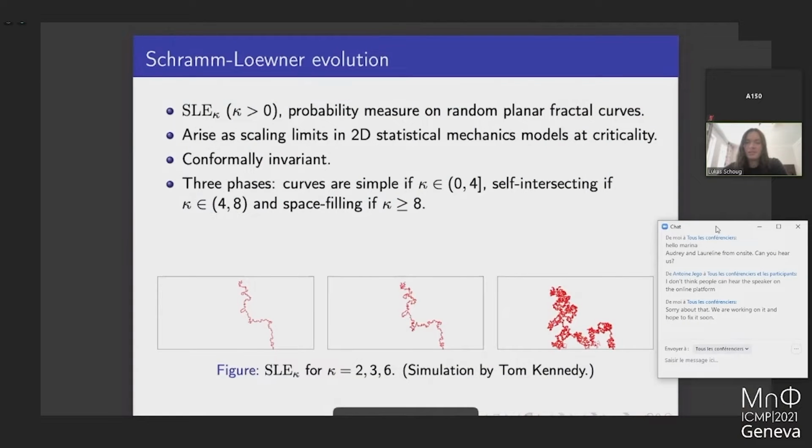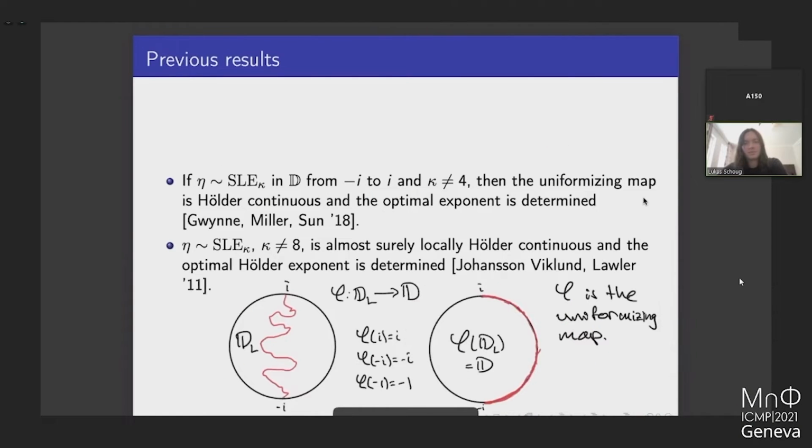So here we mentioned briefly what SLE curves satisfy properties, and so we look again at the previous results. The uniformizing map of an SLE is when you pick an SLE from minus i up to i in the unit disk, and you look at the domain which is to the left of the curve.